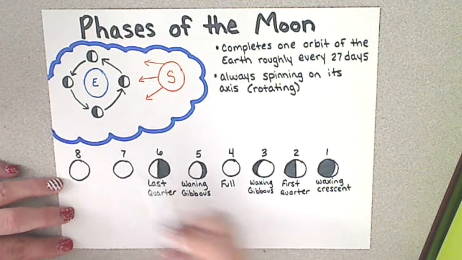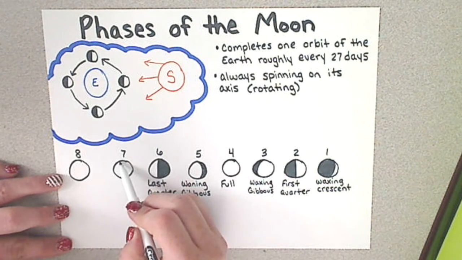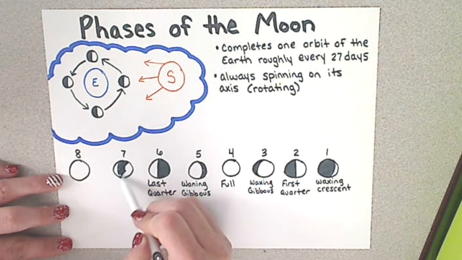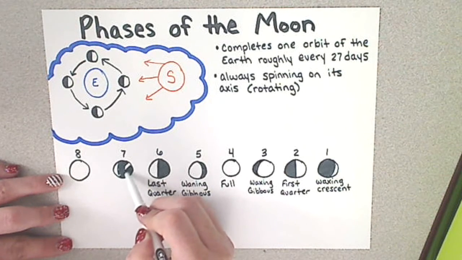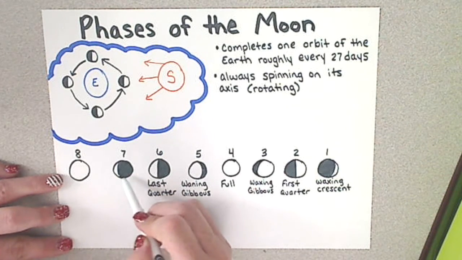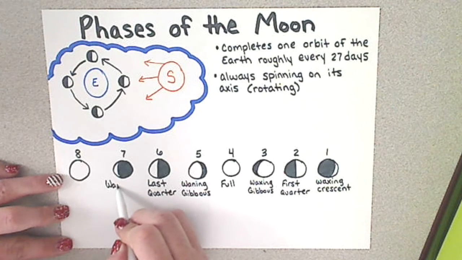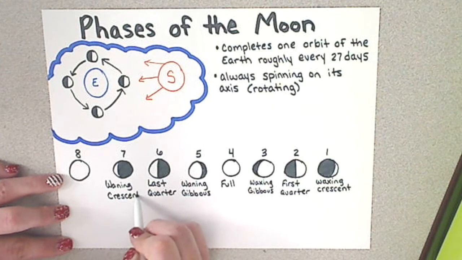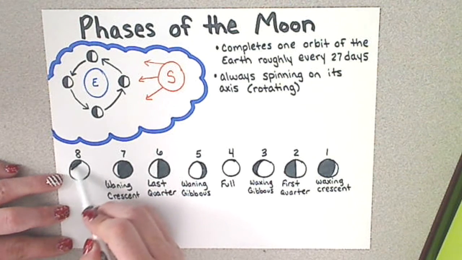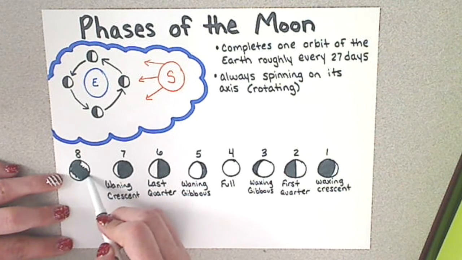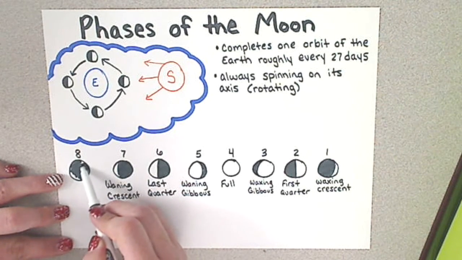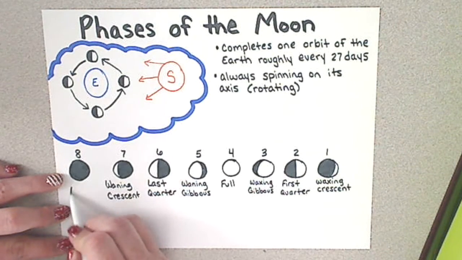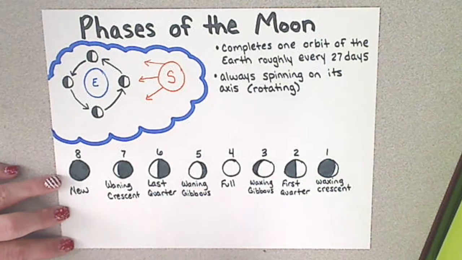More darkness appears until we have the waning crescent. And then finally, our moon is completely in shadow. And it is called a new moon.